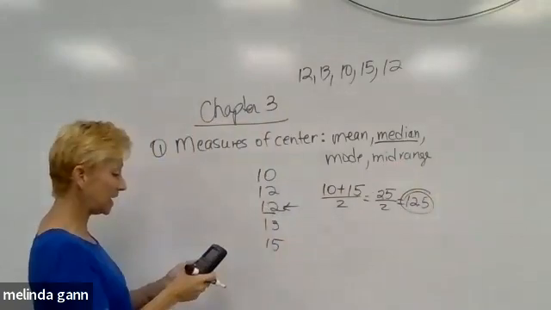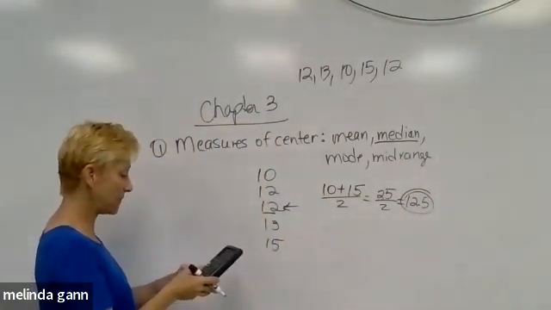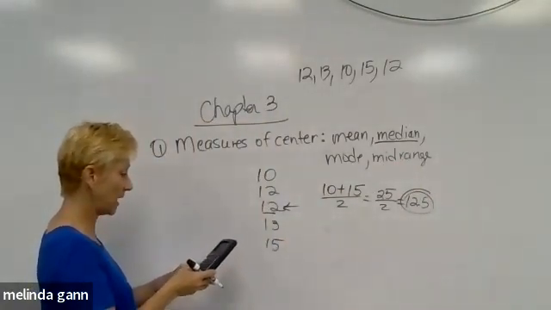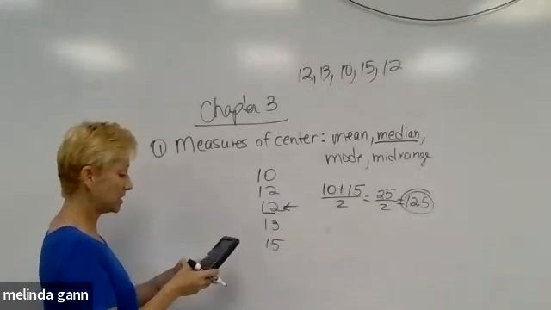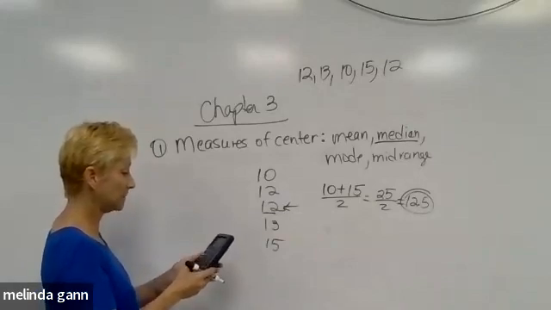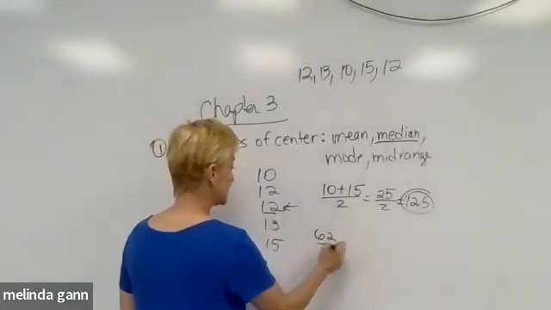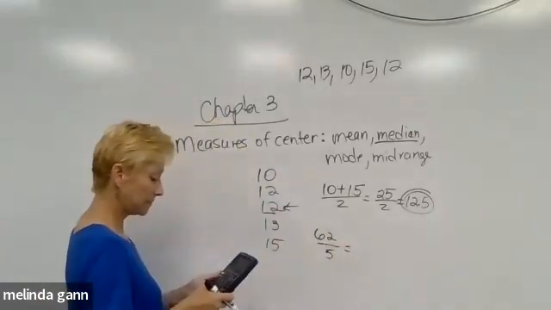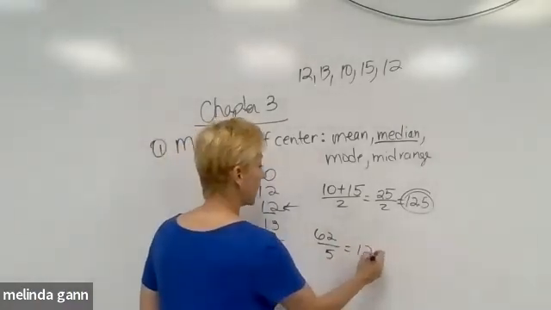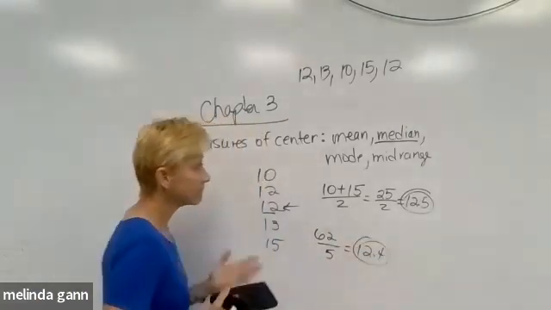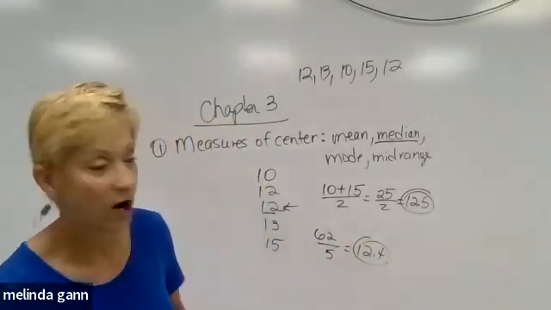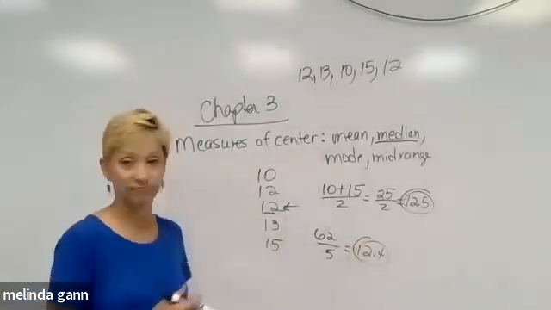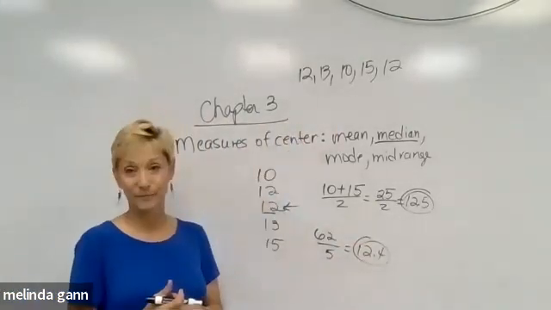And then for mean, remember, I would take those numbers and I would add them all up. 10 plus 12 plus 12 plus 13 plus 15. I'd take that 62 and I would divide by 5. So my mean would be 12 and 4/10. Okay, so make sure that you can find all your different measures of center for a list of numbers.